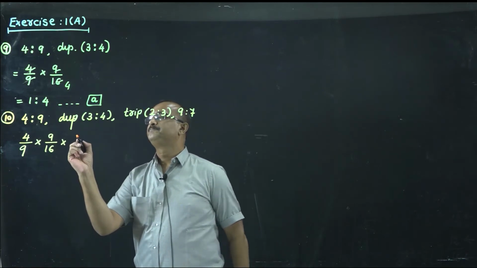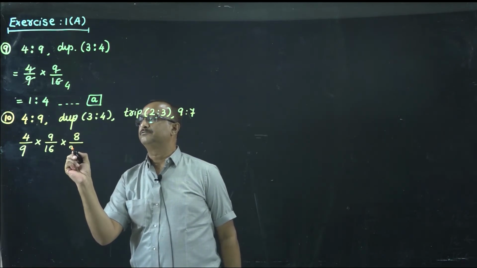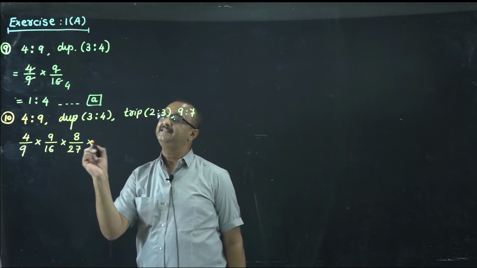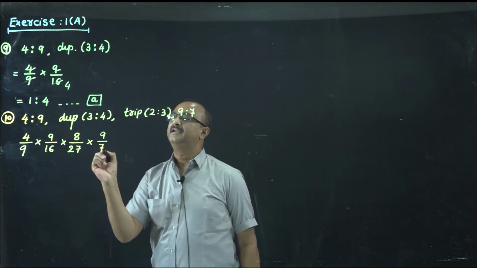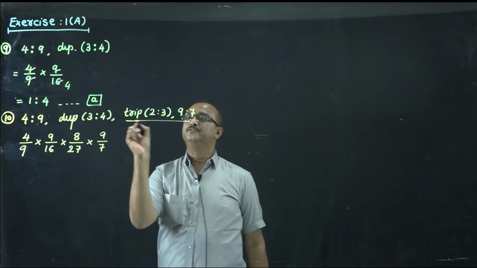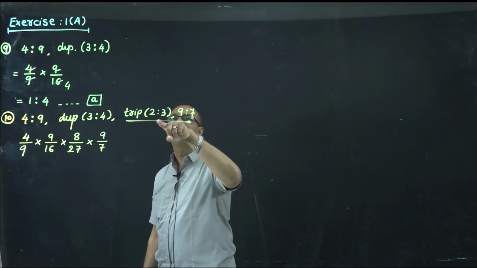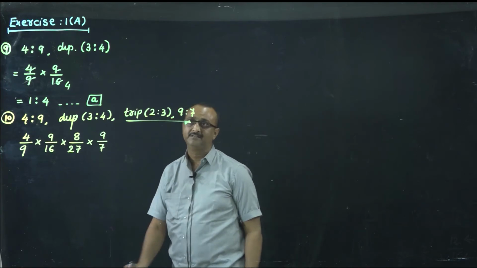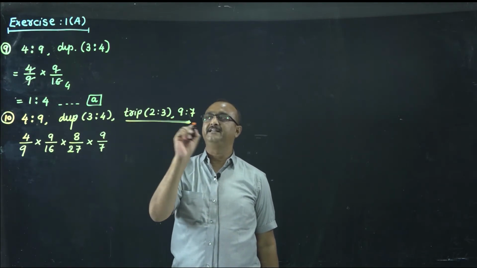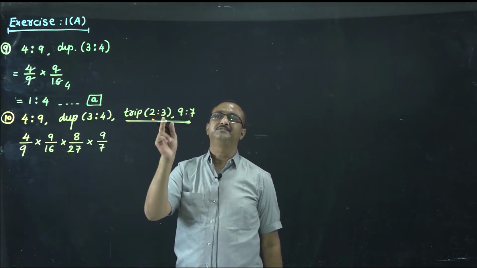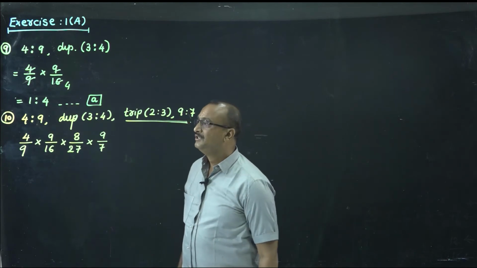That is 8 is to 27 and 9 is to 7. Again you have to focus here. We have to take the triplicate ratio of 2 by 3 and only 9 is to 7. Most of the students take the triplicate ratio of 2 is to 3 and also 9 is to 7.